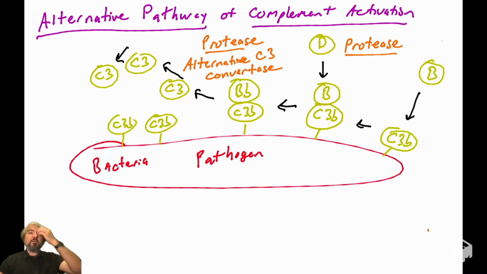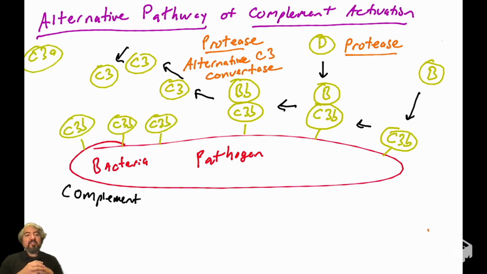Now, if you recall, what happens when C3 is cleaved to C3a and C3b? C3a we'll talk about later, but the C3bs have that very reactive thiol group. And what does that group like to do? It likes to react with other molecules. And in this instance, it's reacting with molecules on the surface of the bacteria and attaching.